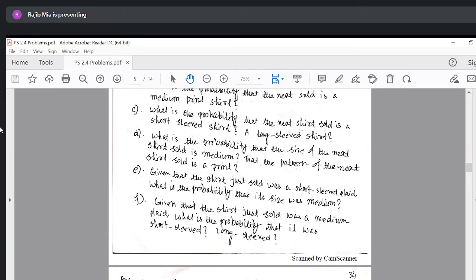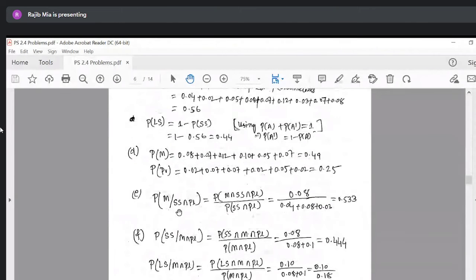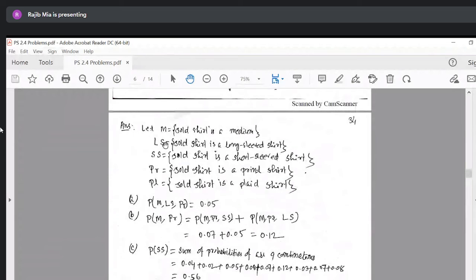So if you denote short sleeve as SS and plaid as PL, then you have to find the probability of M given SS intersection PL. I denote these events: M means the sold shirt is medium, LS means long sleeved, SS short sleeved, PR means print and PL means plaid.